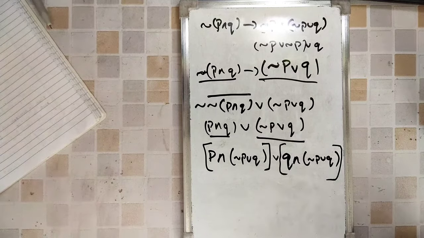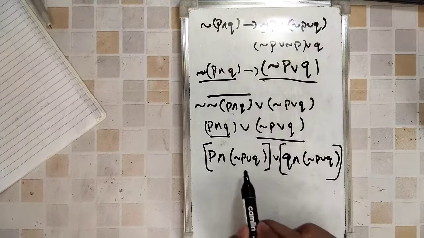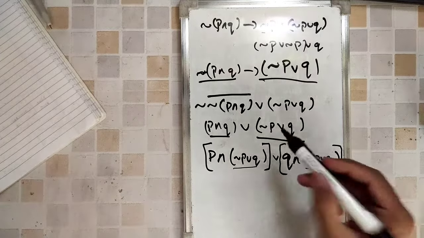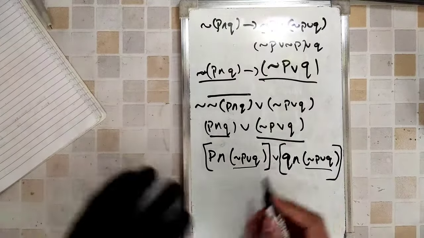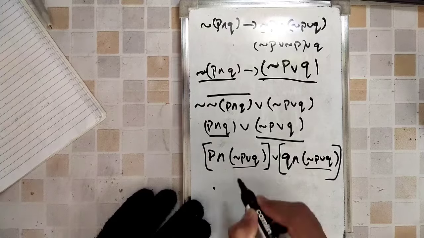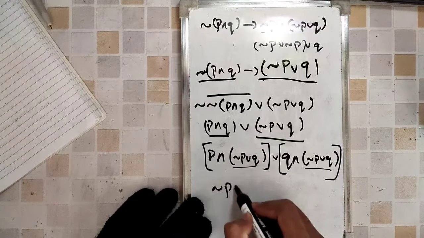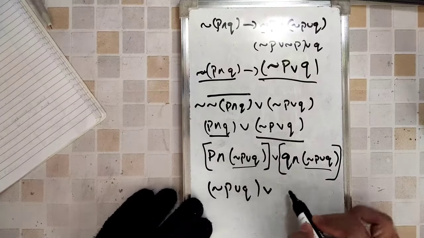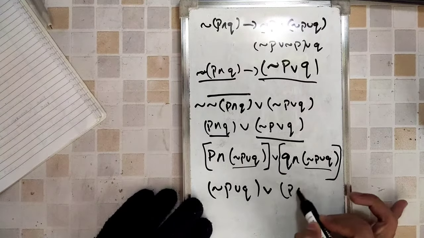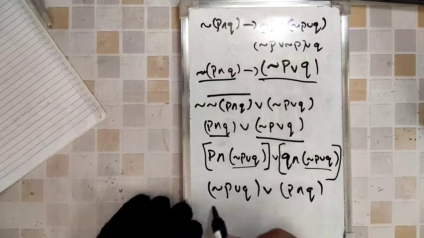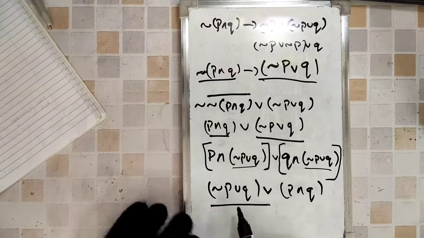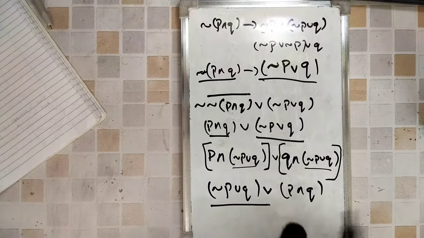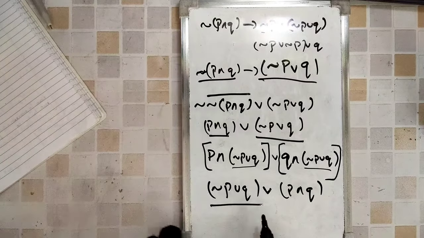So P or Q and Q and R. Or else, better, we can take this as P. I am not solving, I am just explaining the further step. So P or Q like this, or P and Q, this is P, P or P and P or Q and R. It is in that form, so now it is simple to write.